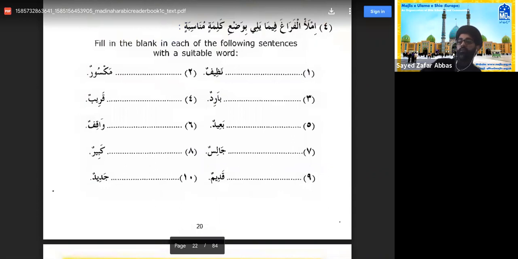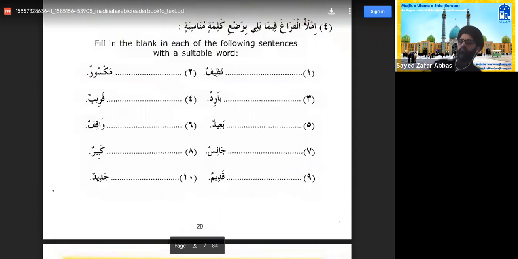Maksur means broken. So we can say the pen is broken, the door is broken, for example. Then we have Kabir, so we can say Al-Masjid Kabir, the mosque is big.